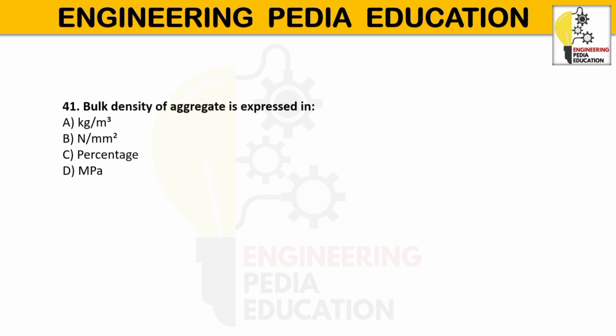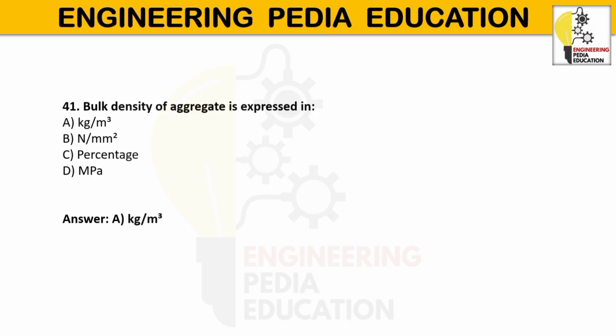Bulk density of aggregate is expressed in kg per meter cube, Newton per mm square, percentage, or MPa. So the correct option is kg per meter cube. What is bulk density?